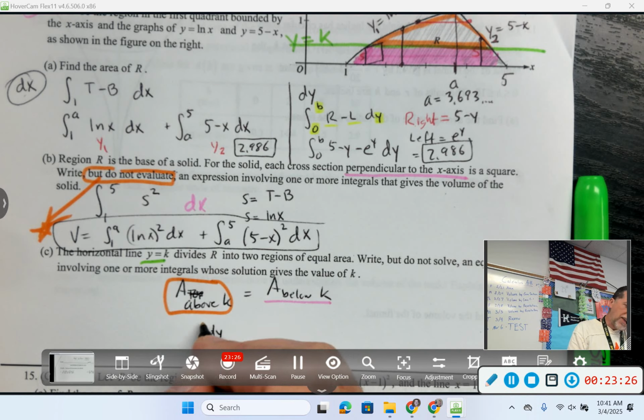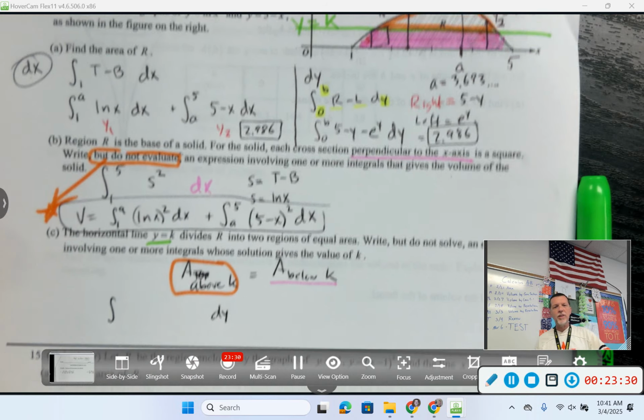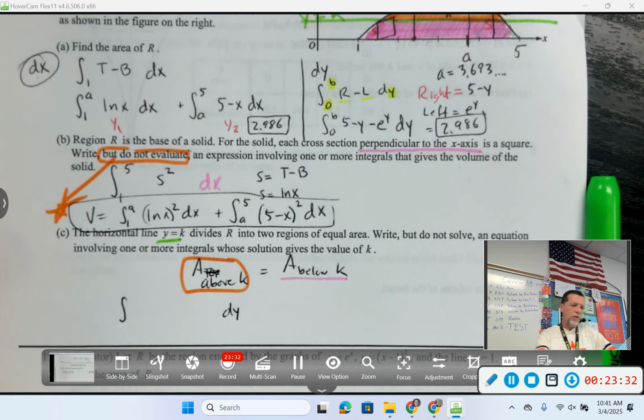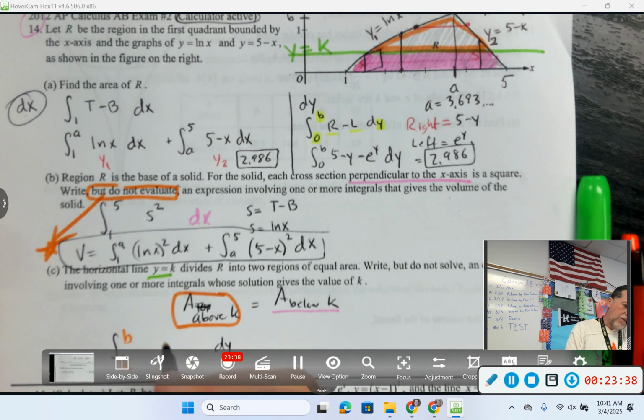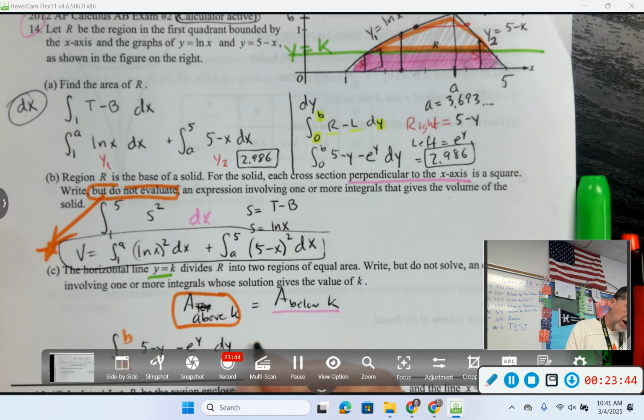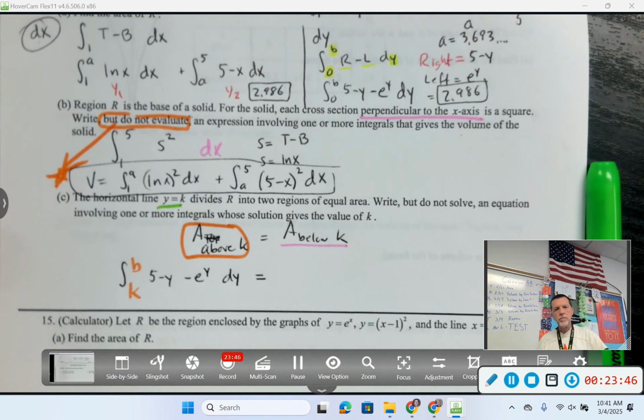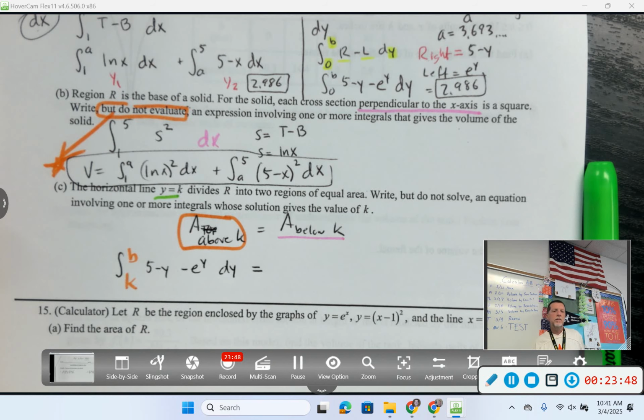So above k, what are my limits going to be for that orange area above k? K to B. And right minus left, we've done that already, so this isn't too bad. 5 minus y minus e to the y. So there's my area above k.